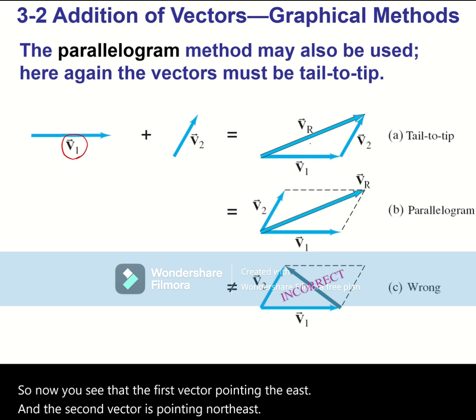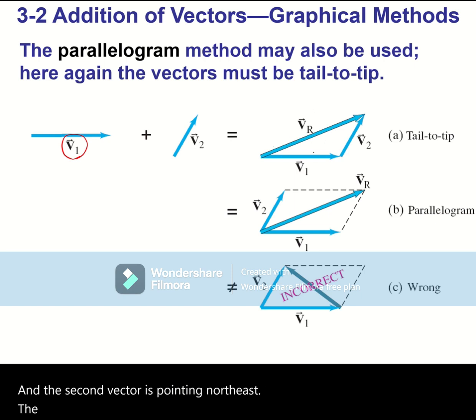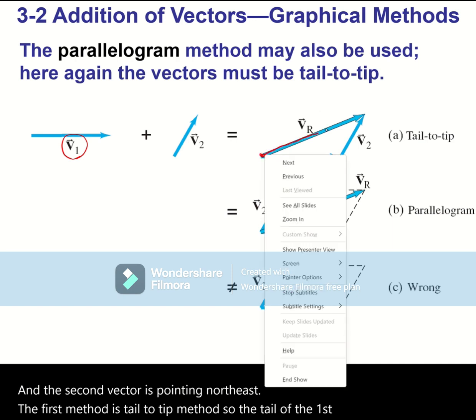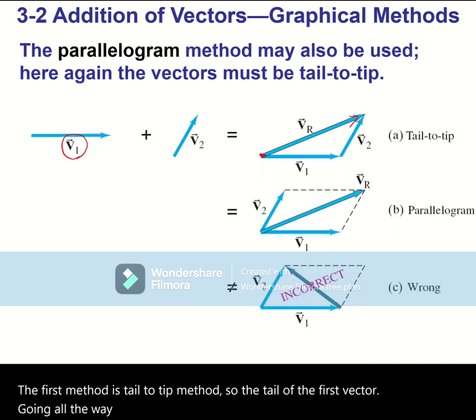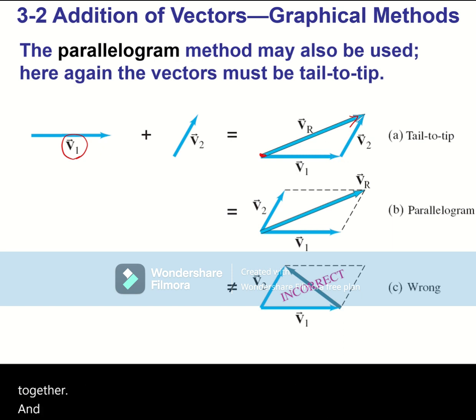So the first method is the tail to tip method. The tail of the first vector goes all the way to the tip of the second vector. So you put these 2 vectors together and then just draw the straight line from the tail of the first vector to the tip of the second vector.